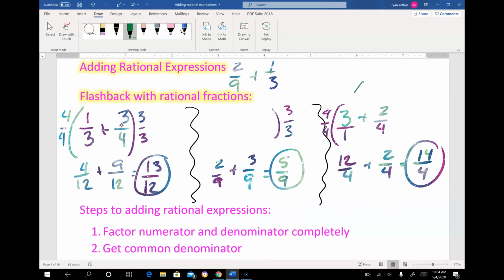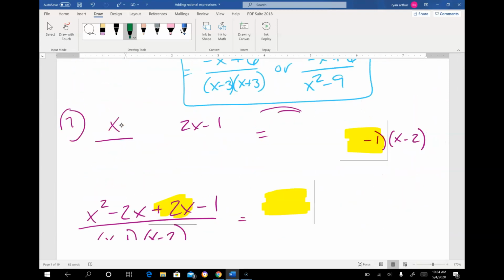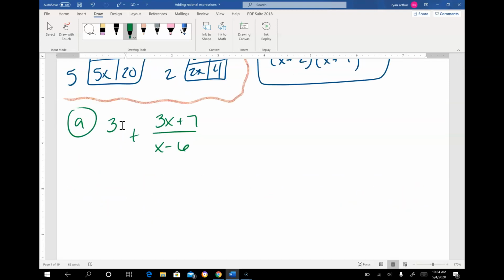And remember when it had that whole number right there? We put 1 on the denominator because it's how you make a whole number a fraction. Same thing with a rational expression. Just put it over 1, okay? So I'm just going to put this over 1, okay?